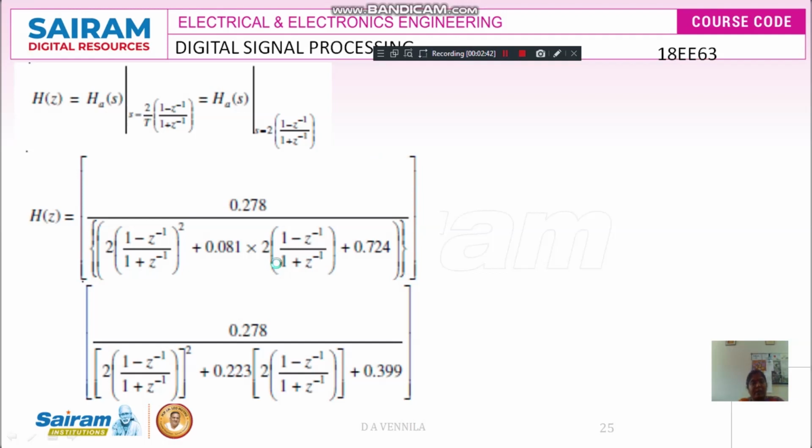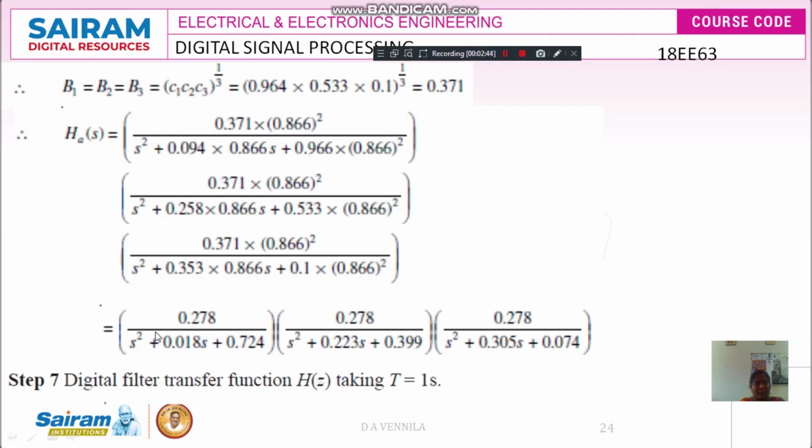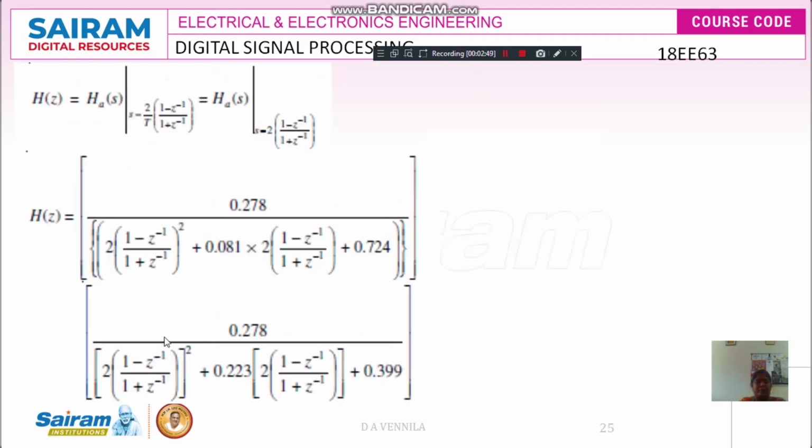And one more thing, you can substitute the T value, which is equal to 1.